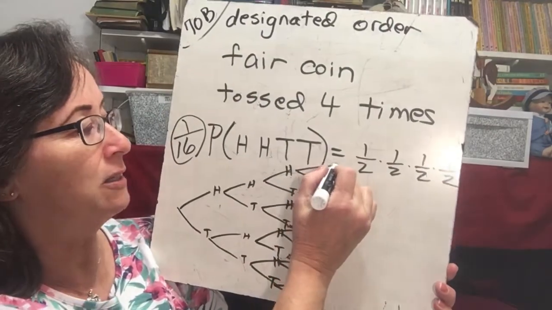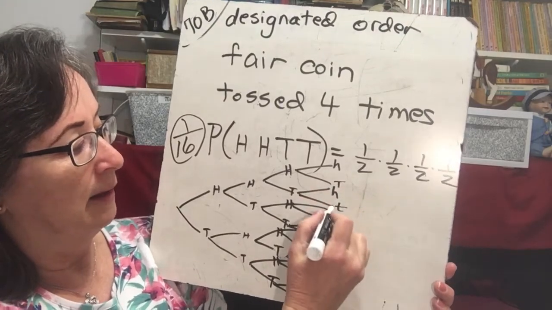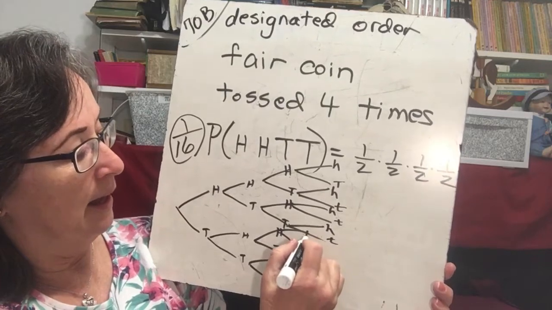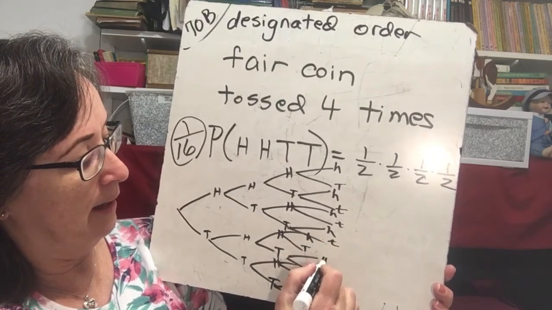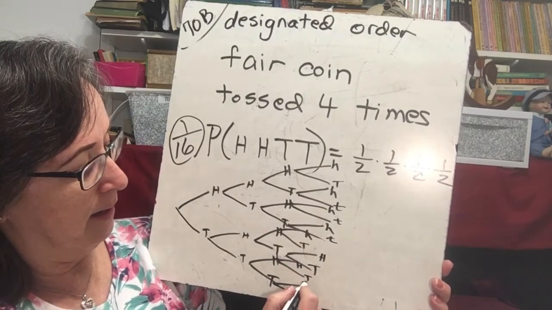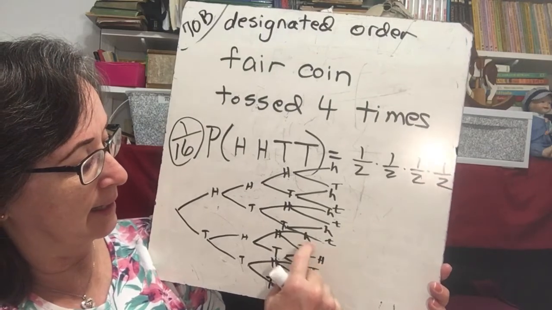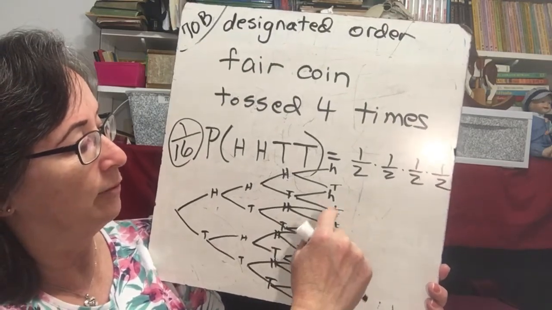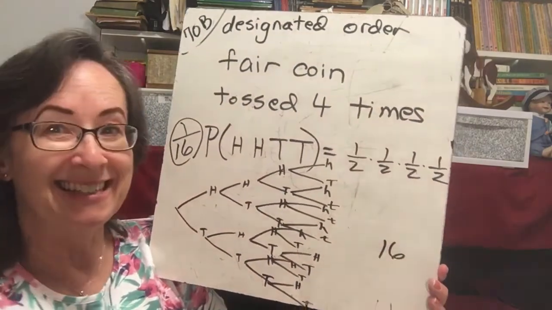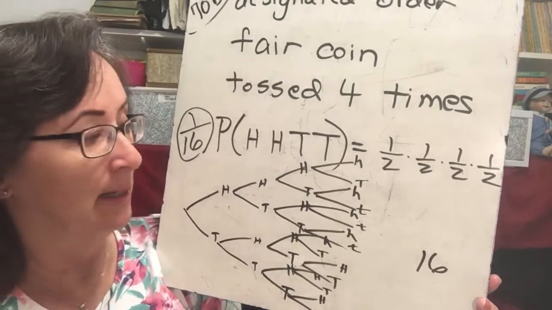Then the next flip branches the same way. Okay, so 2, 4, 6, 8, 10, 12, 14, 16 different ways it could happen. 16 different possible outcomes in our sample set.